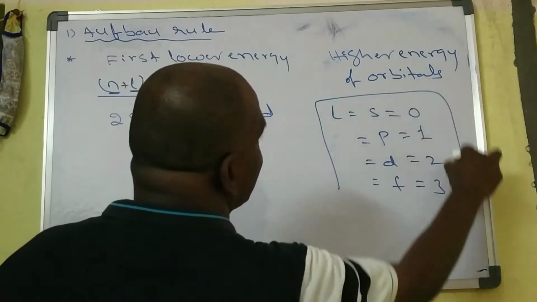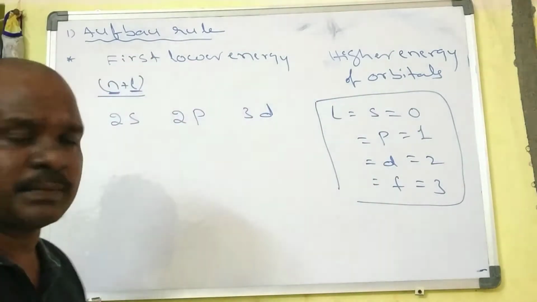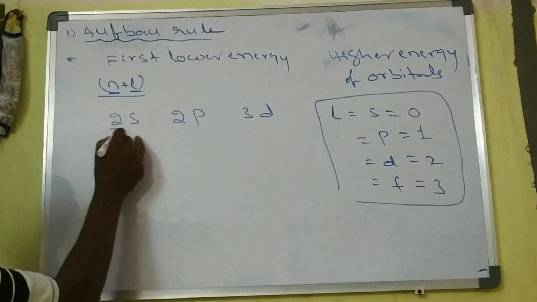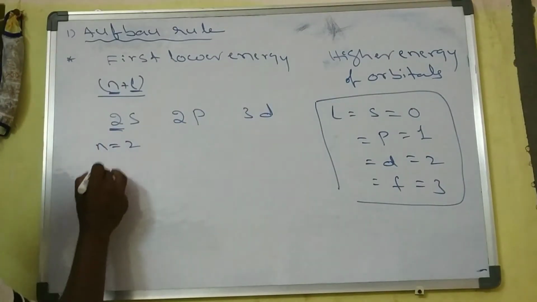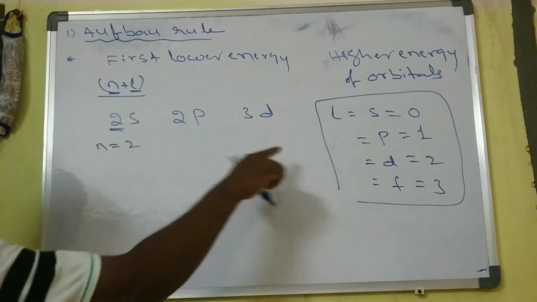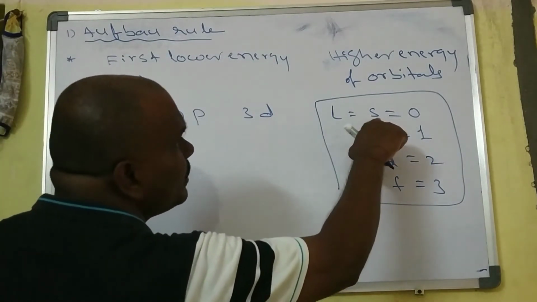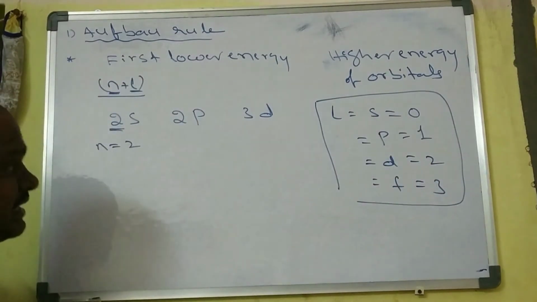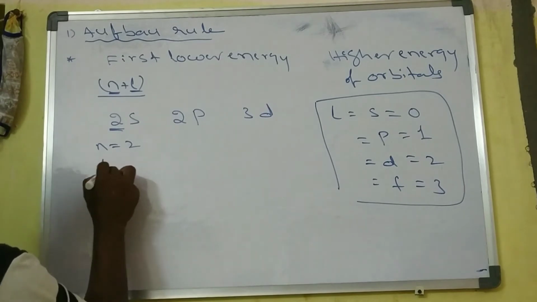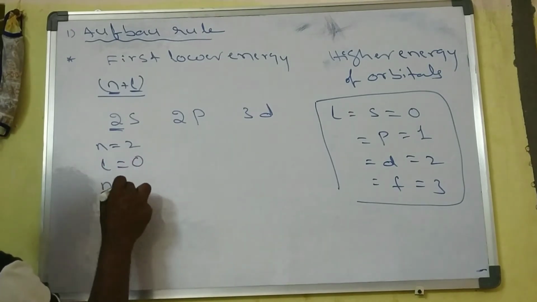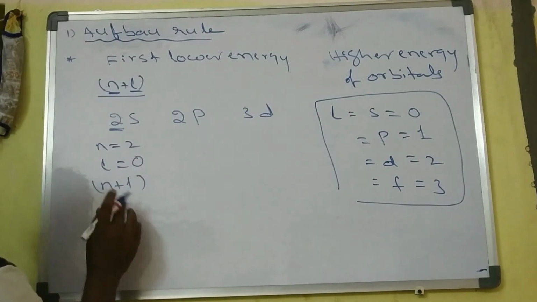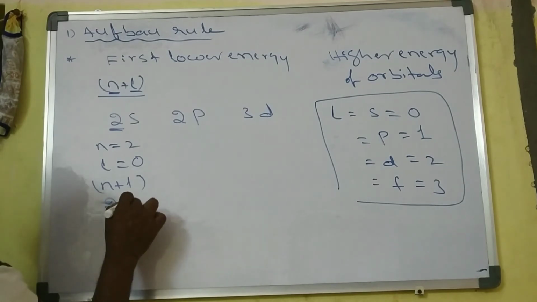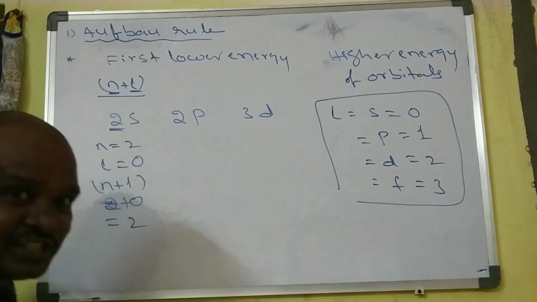Here, for 2s, N is equal to 2. What is the L value for s orbital? L is equal to 0. So N plus L is 2 plus 0, that is equal to 2.